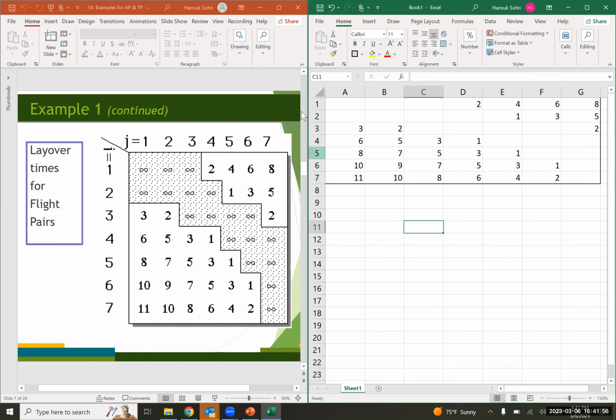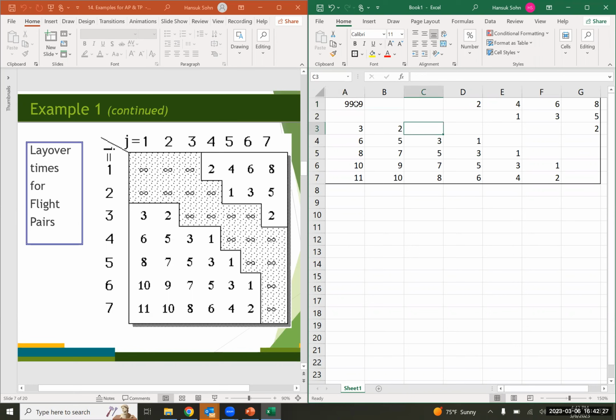Okay. What about this area? These are impossible pairs, right? So in that case, I'm going to put a suitably large number. So how about 9,999?